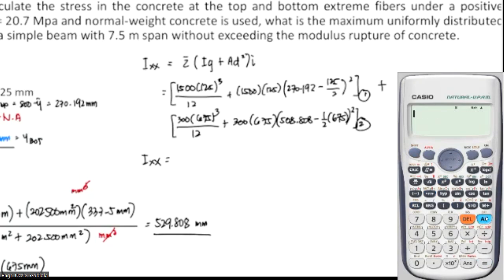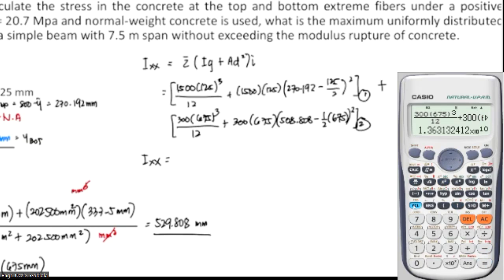And then the second one, we have 300 times 675 cubed over 12 plus 300 times 675 times 508.808 minus half of 675, then squared.